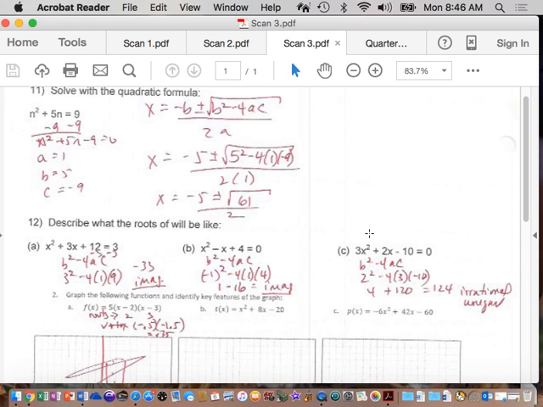Okay, hopefully it's coming all together for you. Starting to make a little more sense. Well, a lot more sense, honestly.